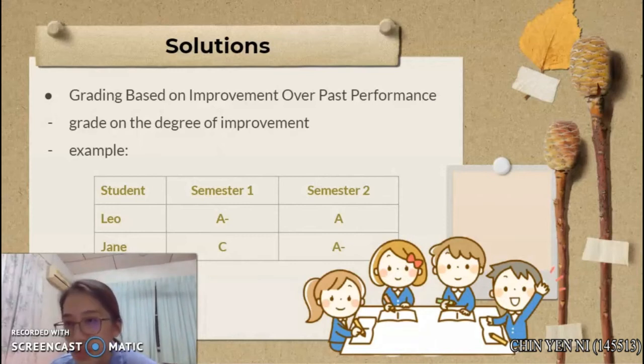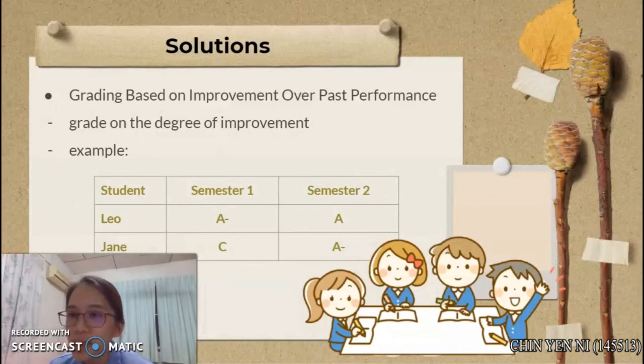So this means teachers grade their students based on the students' degree of improvement since the last reporting period. For example, as you can see here, Leo got A minus previously and now he gets an A, but Jane, she got C and now she gets A minus.